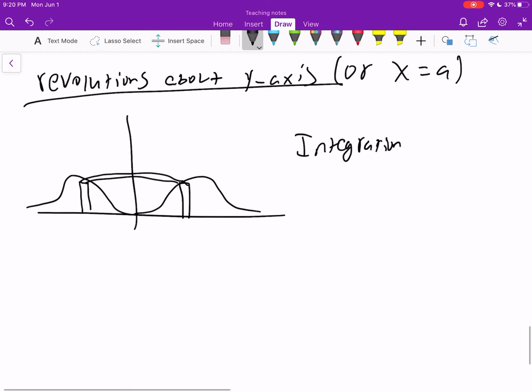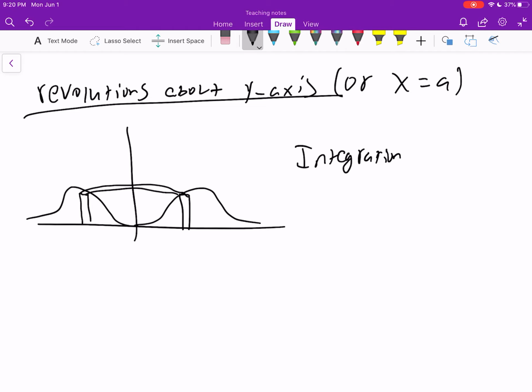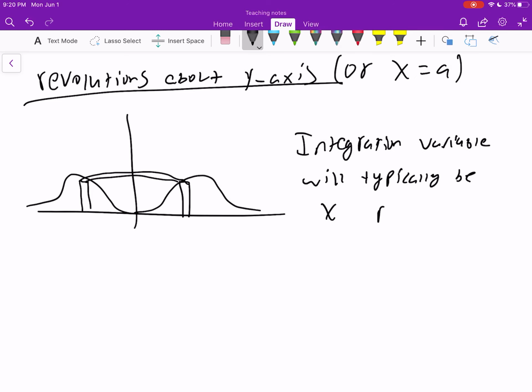So again, if you revolve around the y-axis or the line x equals a, your integration variable will typically be x. So that tells you your radius is going to be a function of x. And your height should also be a function of x.